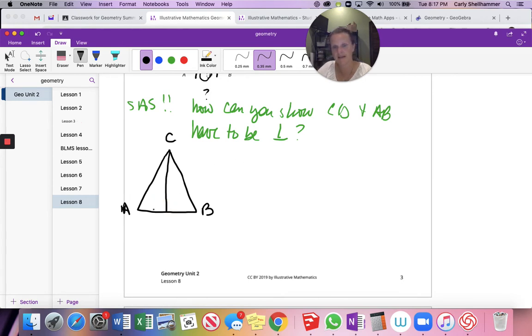The definition of median is that it goes from the vertex and bisects the opposite side. That is just a construction.